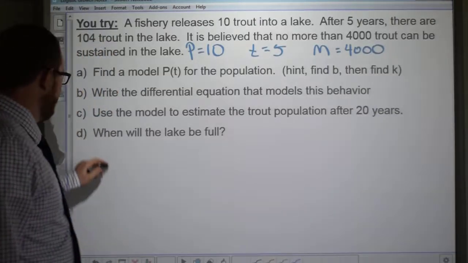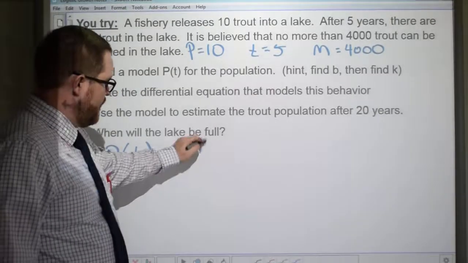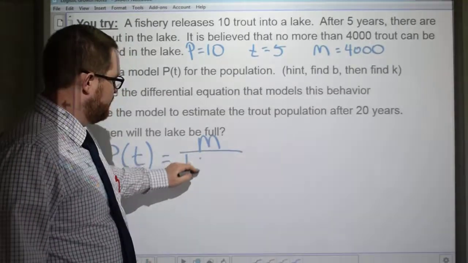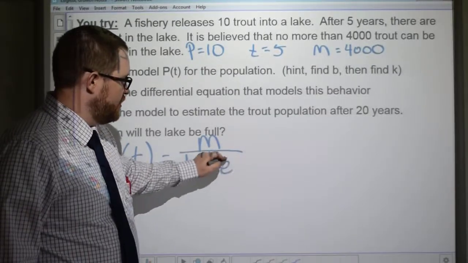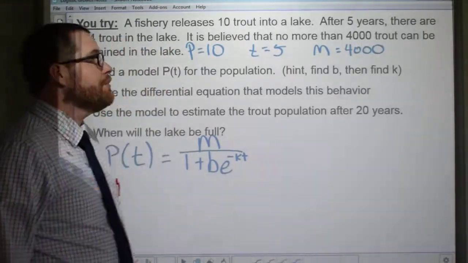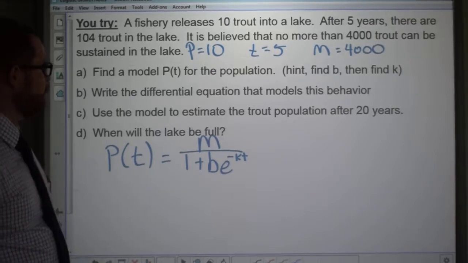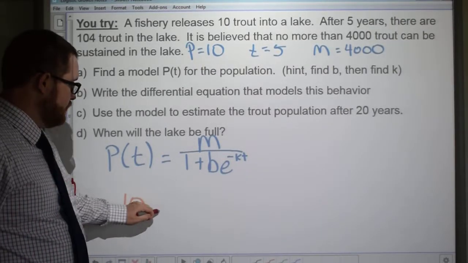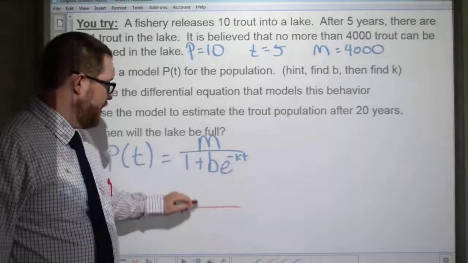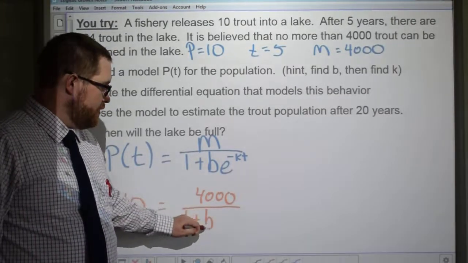So if I want to find P of T, P of T is M over 1 plus B e to the negative kt. We're going to find B first, and then we're going to use the information to find K. Well, how am I going to figure out B? Well, the original population was 10. The maximum is 4,000. We don't know what B is.